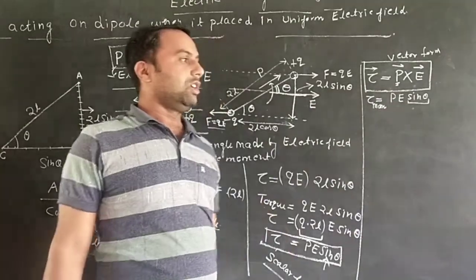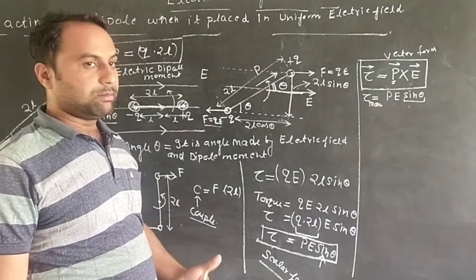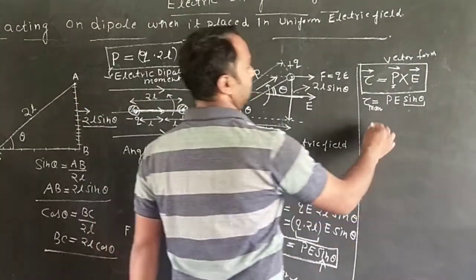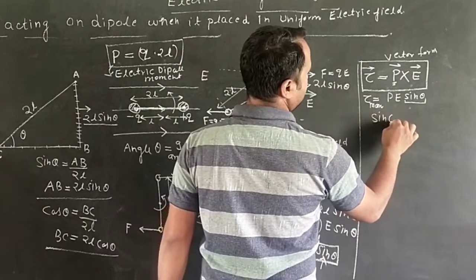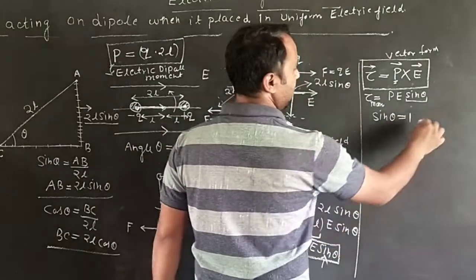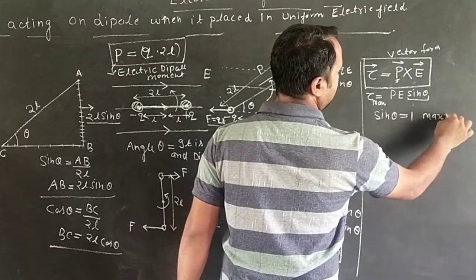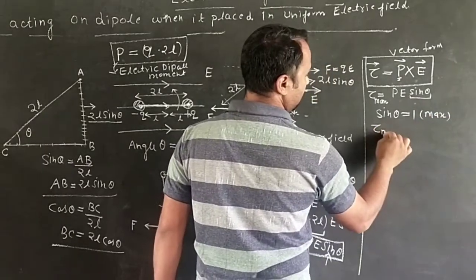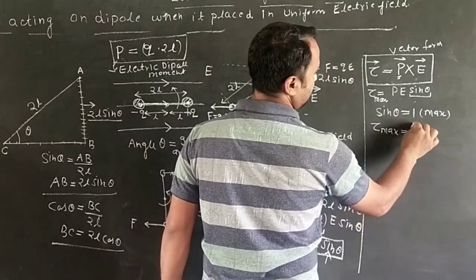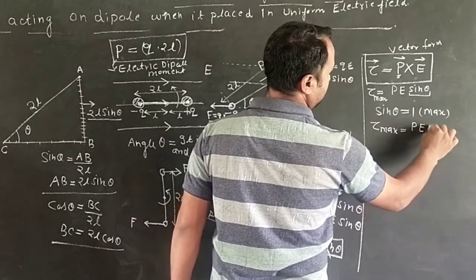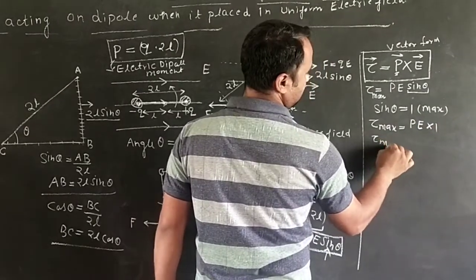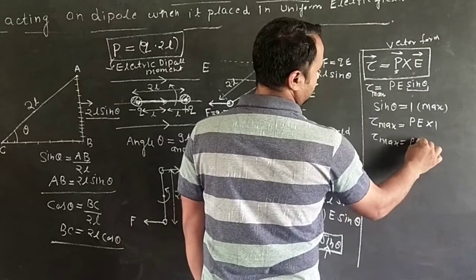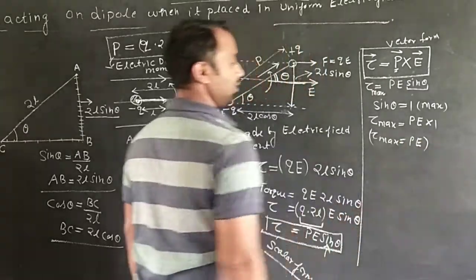The sin theta has a maximum value of +1. Here sin theta maximum value is +1, and we see that the maximum torque acting on the dipole is P into E into 1, and maximum torque is equal to PE.